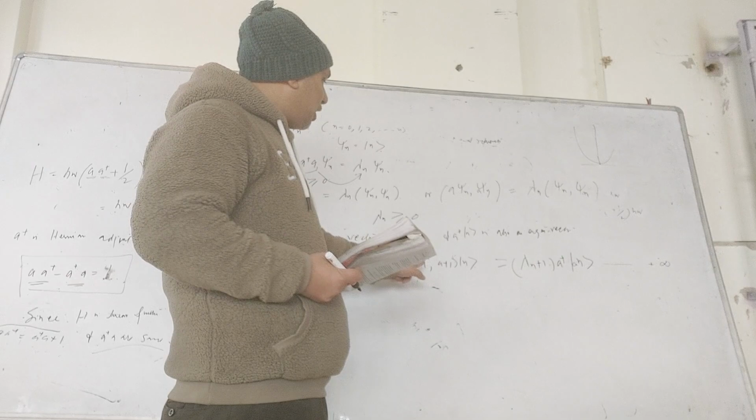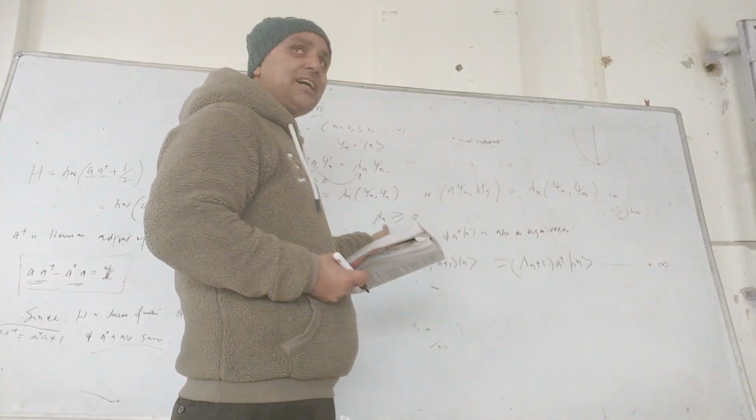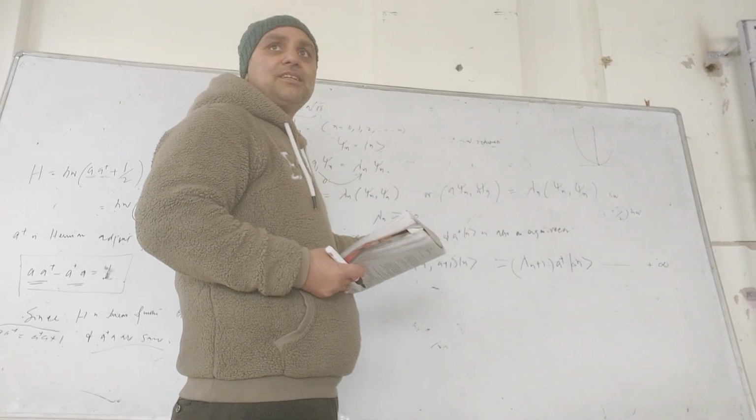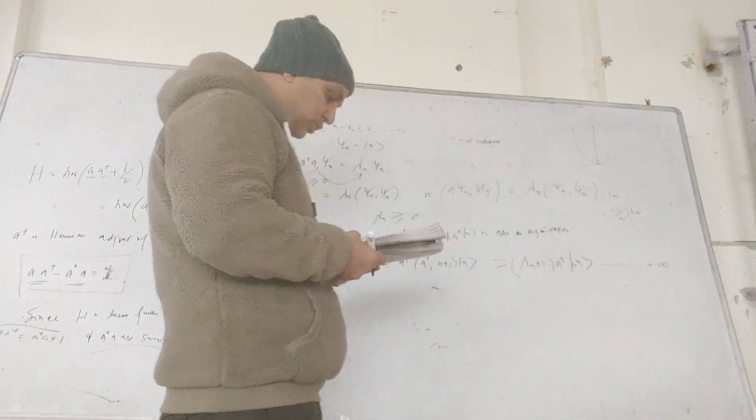If A psi n plus 2 comes, then lambda n plus 2; if n minus 1 comes, then lambda n minus 1, and so on.